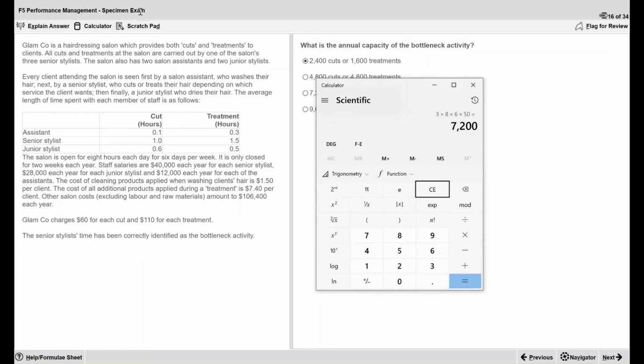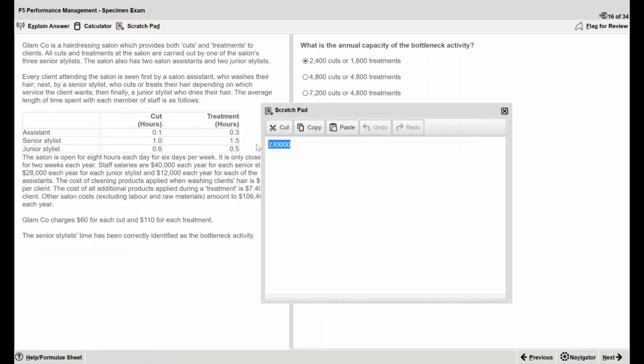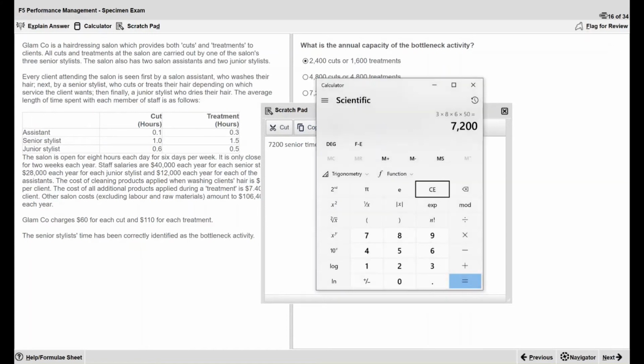Let me write that here. Maybe it is important. Another requirement. So this is our senior time. Let's calculate the others' time as well. Maybe we need it. We have junior. So everything else is the same. 8 multiplied by 6 multiplied by 50, but there are 2.